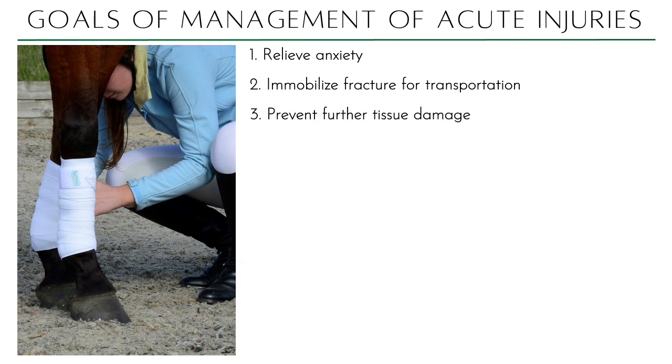You have to prevent further tissue damage, which would happen if that fracture is still mobile, and you have to provide safe transportation. Coaptation will be incorporated into one of the goals. Which one? The coaptation.